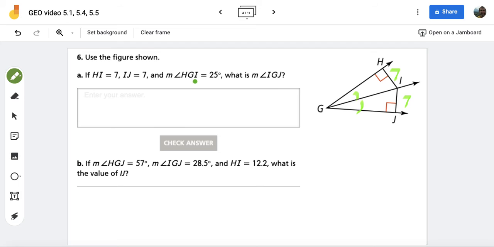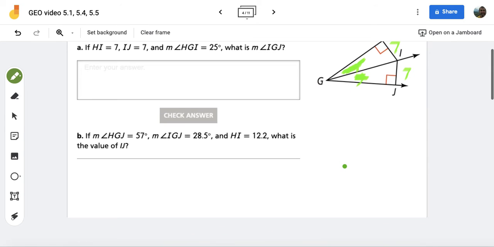The measure of HGI is 25. HGI, so this one right in here, is 25. What's the measure of IGJ? Well, if this one's 25, because of the setup, I know this one's also 25. So 25 is the answer to that.